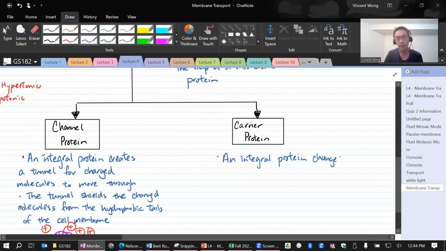changes its shape slightly to move large molecules across the cell membrane.